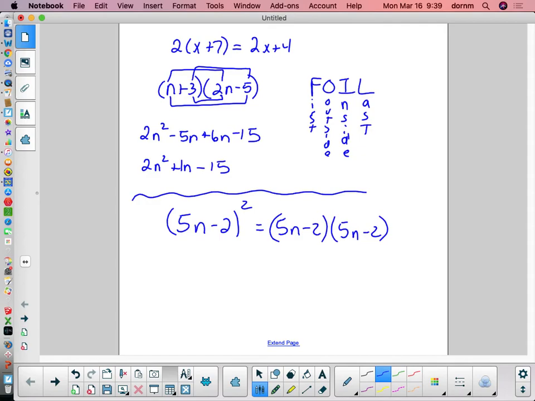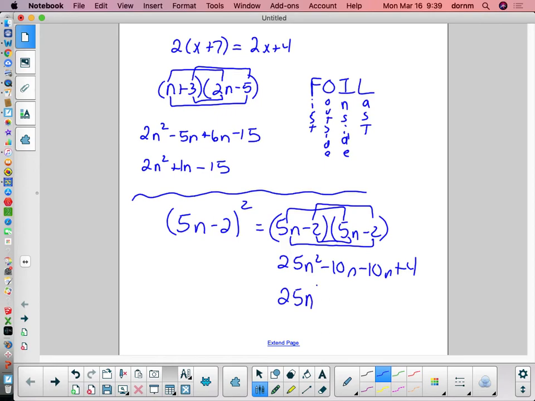And then FOIL. So 5n times 5n is 25n squared. Outside is negative 10n. Inside is another negative 10n. And last is a plus 4. Obviously we have to be very careful with our signs doing this algebra. We have to watch if we're multiplying a negative times a negative or a negative times a positive.